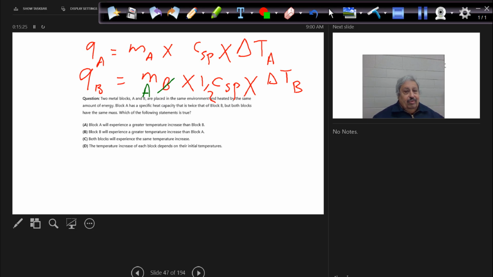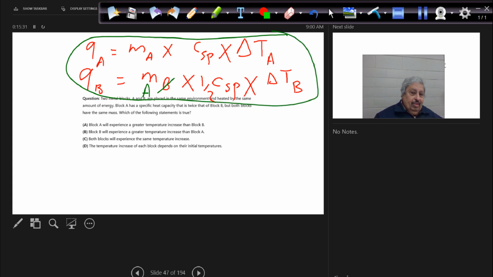Okay, so what I want out of this, when I compare all those together: mass of A multiplied by specific heat of A, this is A here, multiplied by the specific heat of the second one.